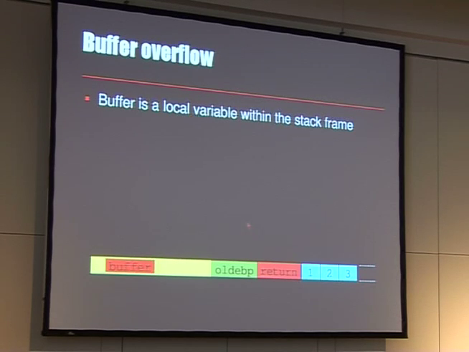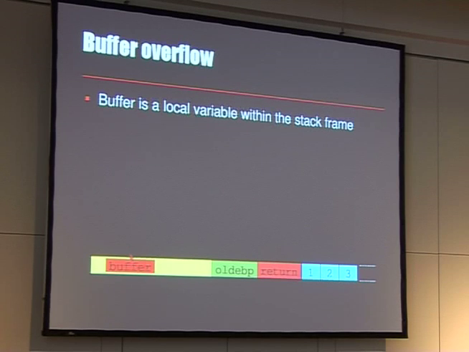So if we sum it up, we have got space for the local variables on the stack frame. And we had a buffer of 100 bytes within the stack frame. Let's think there's an operation going on that's filling that buffer, copying a string into that buffer, and this operation is not going to stop until the string stops.